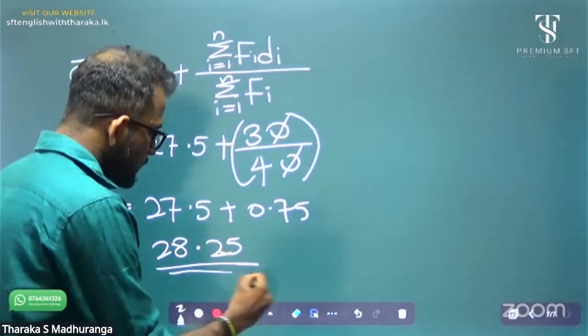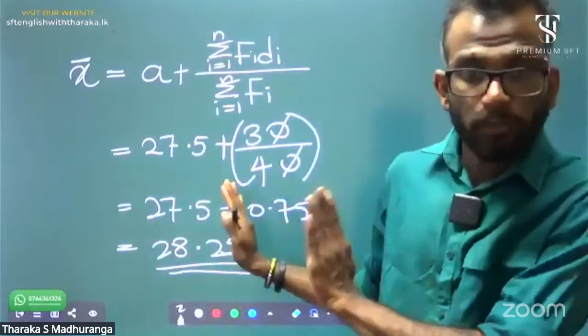So 28.25. This is the mean by the assumed mean method.